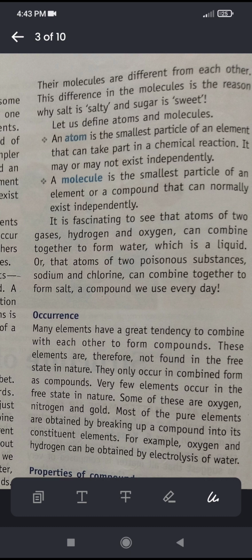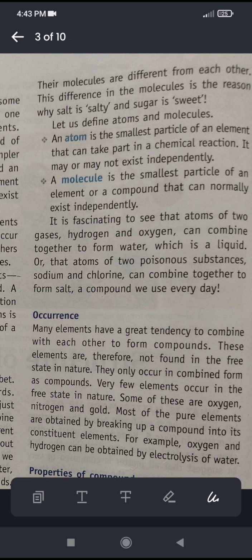Or that atoms of two poisonous substances, sodium and chlorine, can combine together to form salt we use every day. Sodium is a poisonous substance and chlorine is also a poisonous substance. If we join them together, what will they make? Salt.